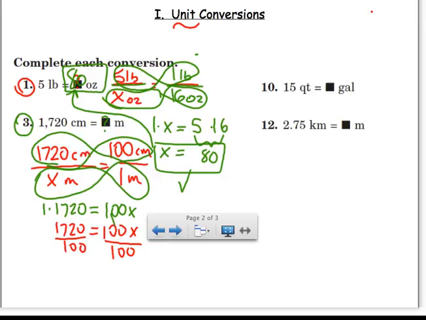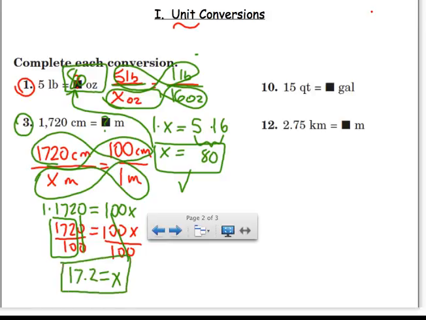When I do that, the hundreds cancel, and X equals 1,720 divided by 100. Well, I can simplify that first by saying that's the same thing as 172 divided by 10. I know that 172 divided by 1 would be 172, but 172 divided by 10 is 17.2.